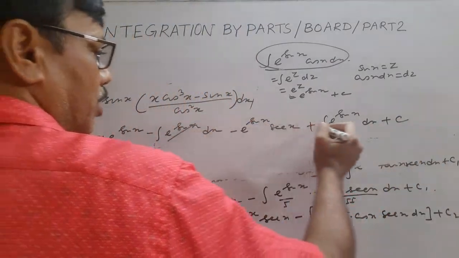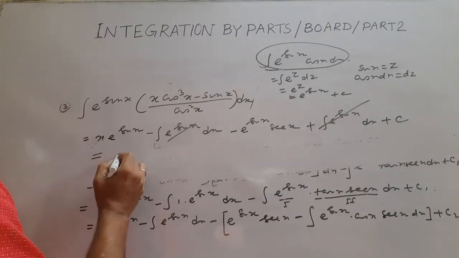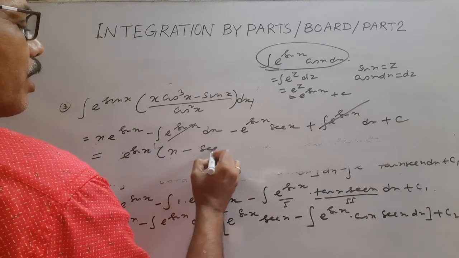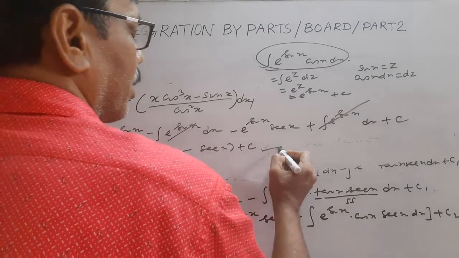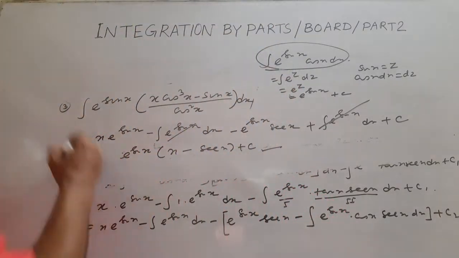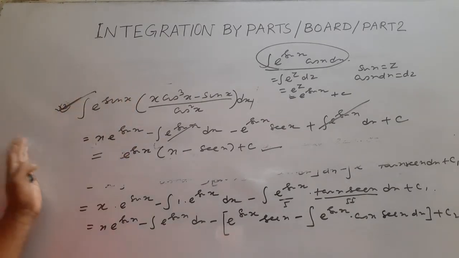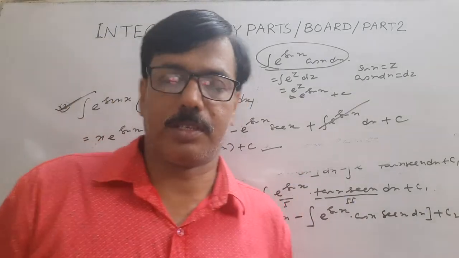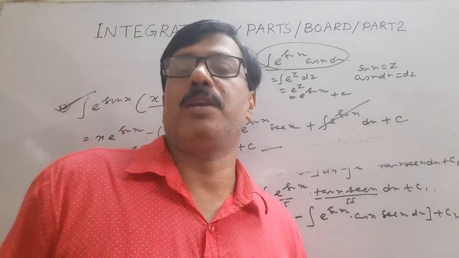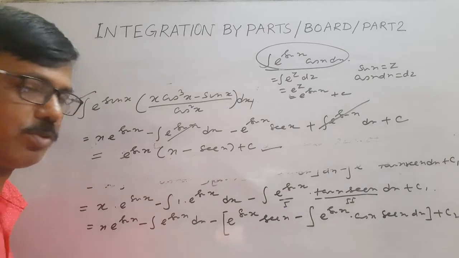So this term cancels out. So finally we are getting e to the power sin x common, x minus sec x plus c. So this is to be noted. We divide it into two parts, two integrals, then integrate by parts. So this integral part is cancelled out.